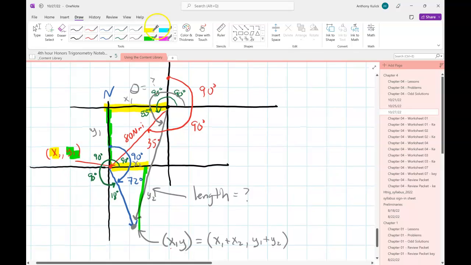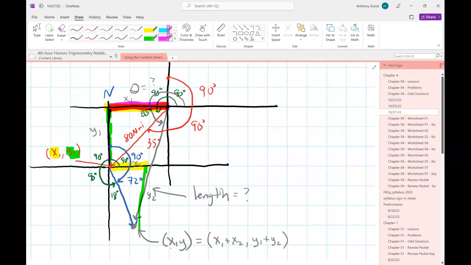So let's look at x1 and y1. What do you notice about that, x1, y1? I have a right triangle here. Everybody agree? Do I know the hypotenuse of that right triangle? Yes. Do I know the angle that that triangle forms with the x-axis?